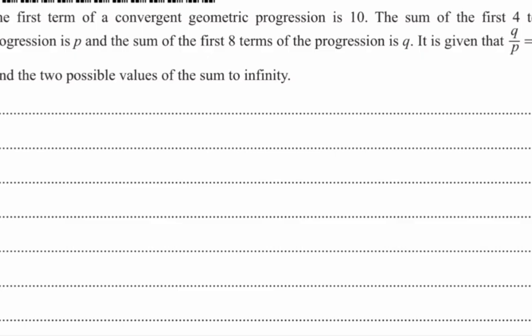It is given that q over p is equal to 17 over 16, and the question is find the 2 possible values of the sum to infinity.